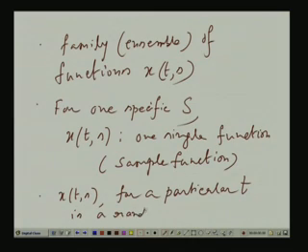Why? Simply, you have fixed a point t. At that t, for one particular experimental outcome, you have one value of this function. Next time the outcome changes, you get another value of the function. So this corresponds to a random variable. It takes various values depending on the particular outcome at hand.